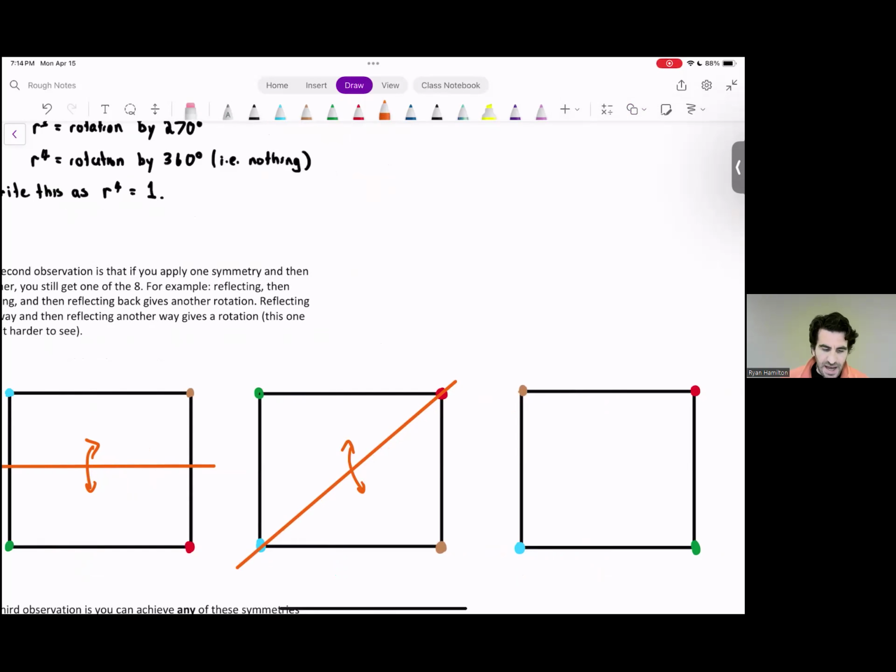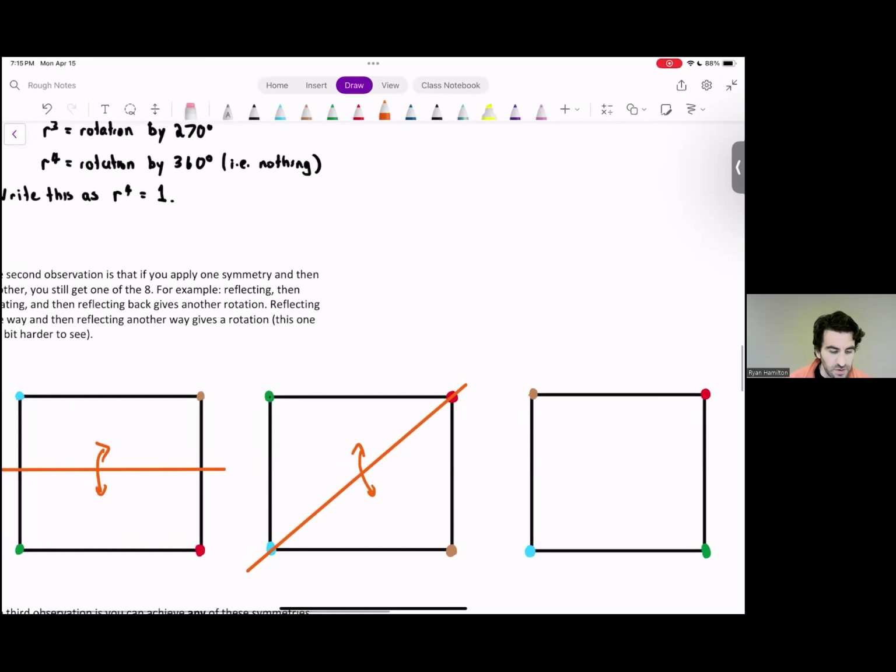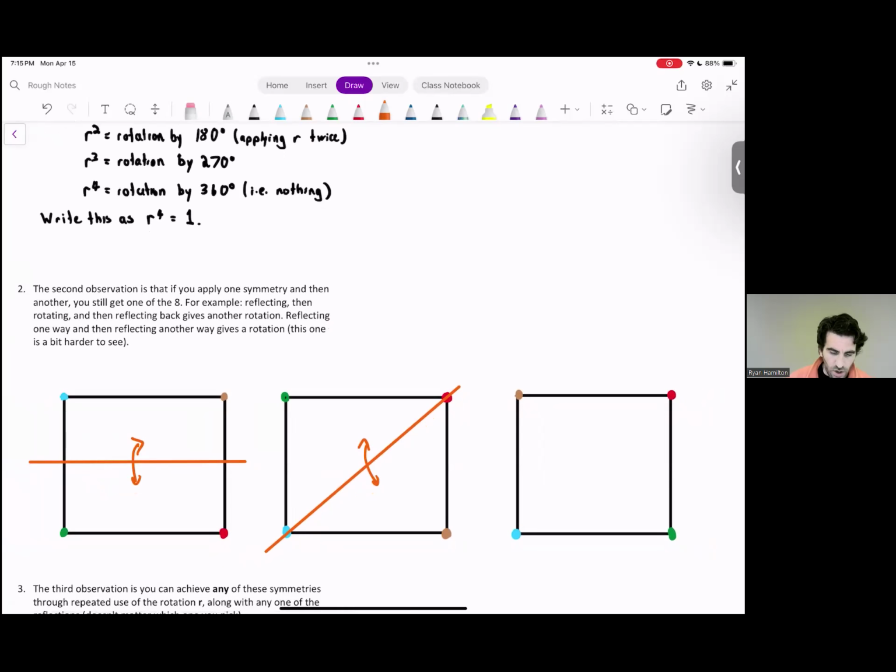And so you might think, how do I get from the very leftmost to the very rightmost with one symmetry? Well, we can do it with rotation. So going from this one all the way to this one is the same as, let's see, is it counterclockwise? It's counterclockwise in this case, as 270 degrees clockwise.